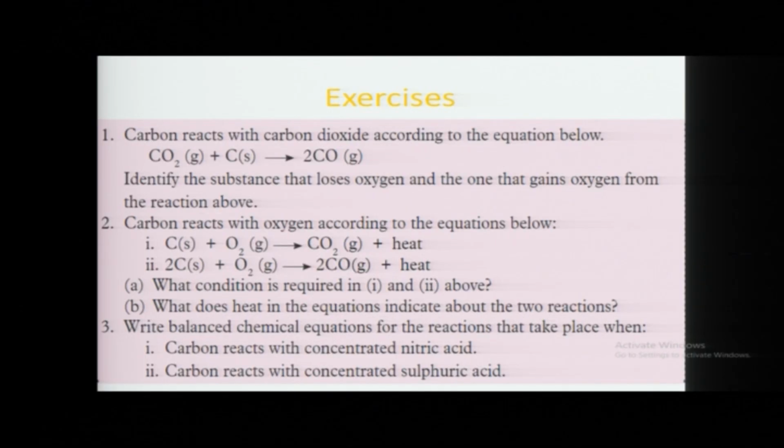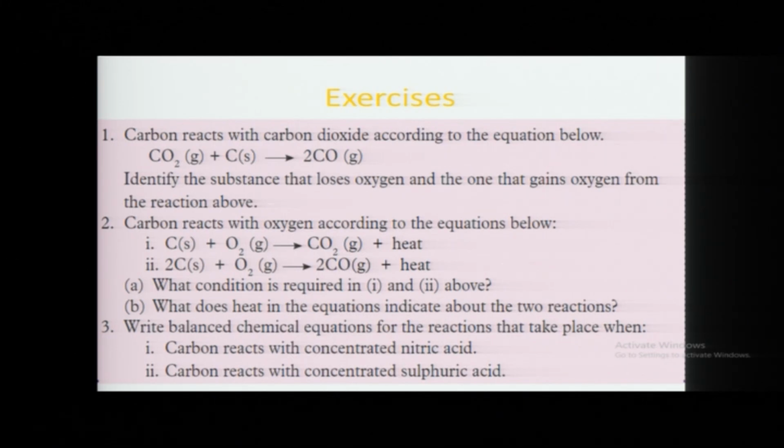So this is a small exercise which you have to do when you go back in your free time. The first question reads, carbon reacts with carbon dioxide according to the equation. See the equation here? Carbon dioxide plus carbon form carbon monoxide. And we have looked at that in our explanations.